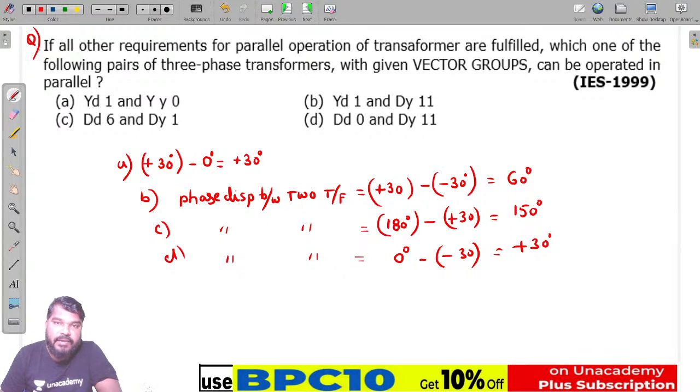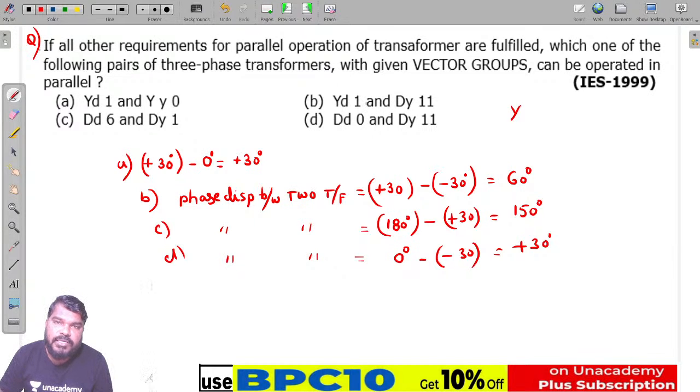Here it is given that there are two different connections, YD1 and DY1. Both are not the same, that is why option B is suitable. What is the reason?